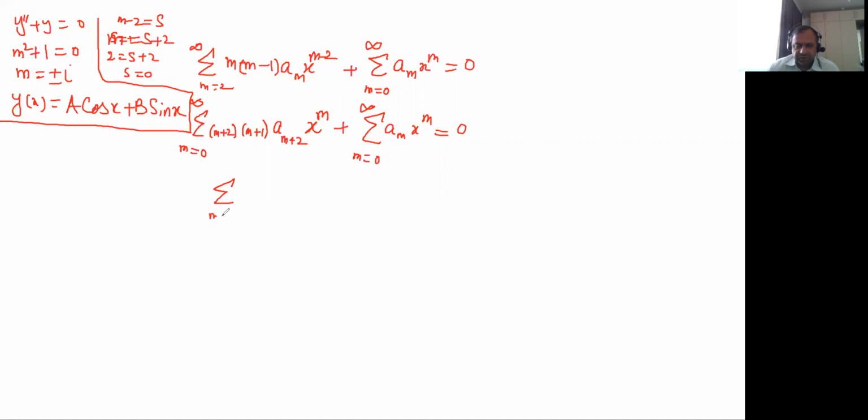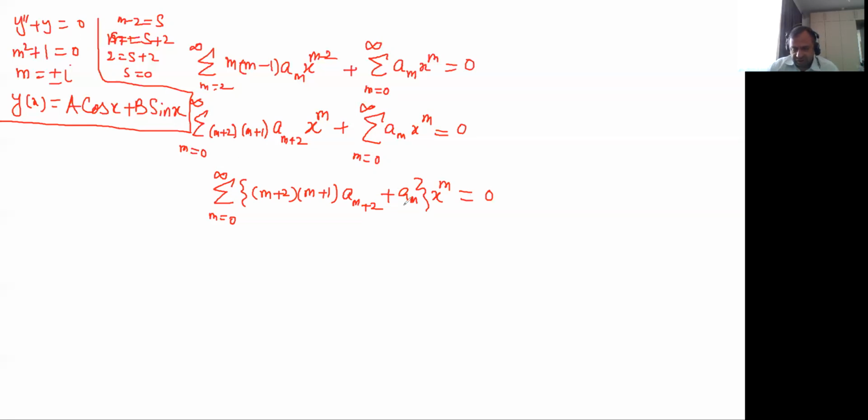So m is equal to 0 to infinity, and when I combine these terms, it will become m plus 2, m plus 1, and then a m plus 2, and then a m. Okay, and then x power m will be common. So that is equal to 0.